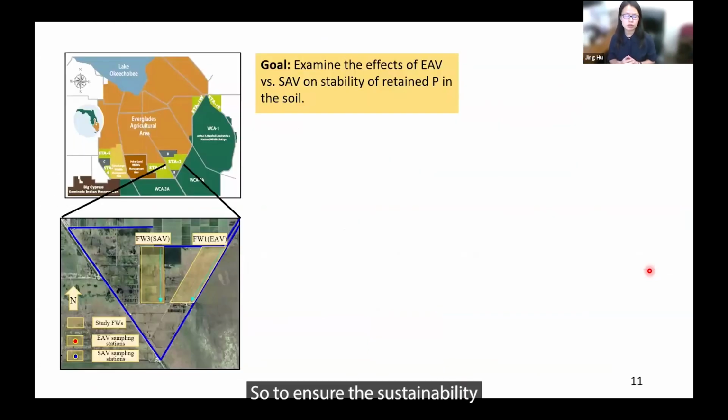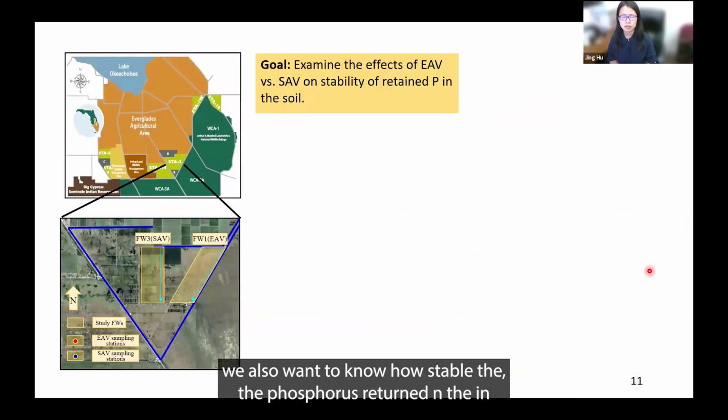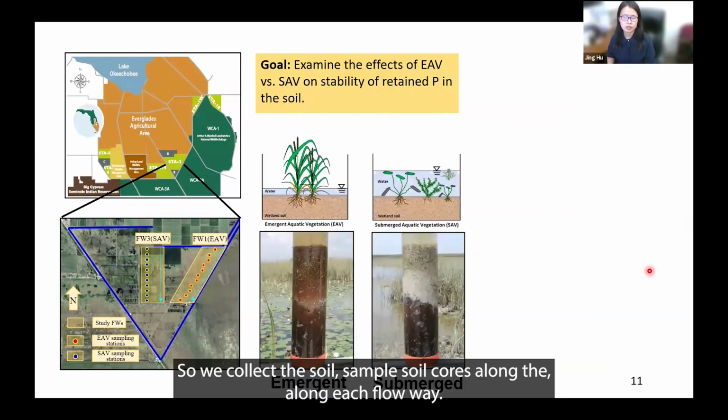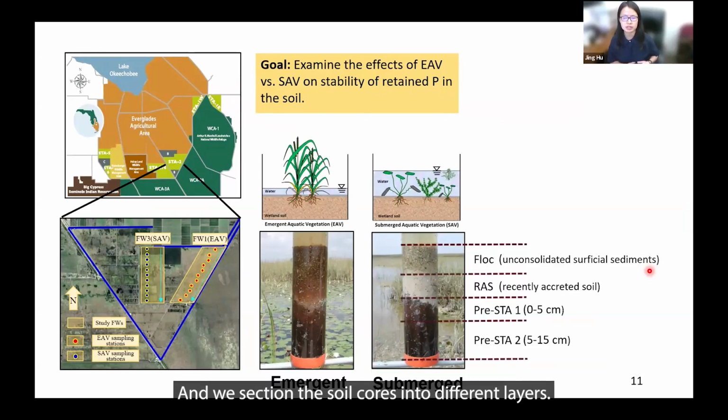To ensure sustainability, we also want to know how stable the phosphorus retained in the wetland is, and whether the stability is affected by the different vegetation types. We collected soil cores along each flowway, and sectioned the soil cores into different layers.